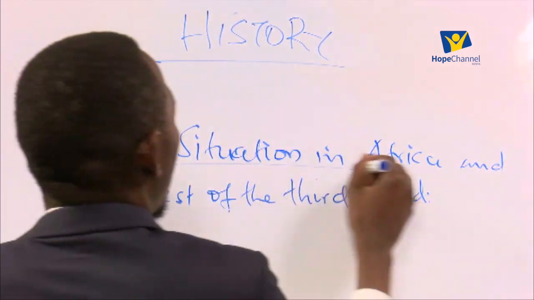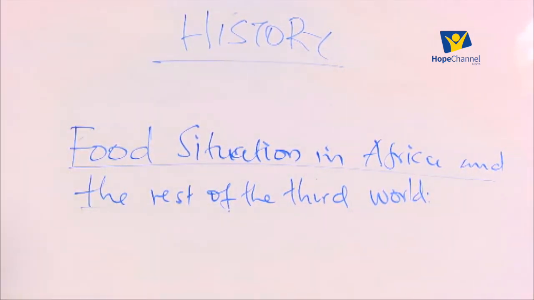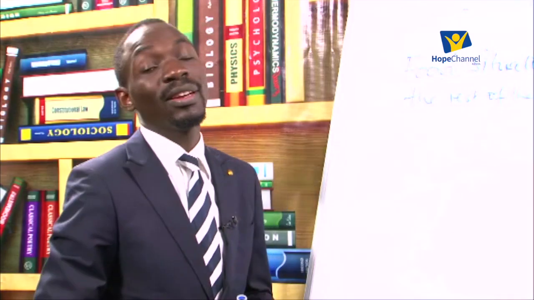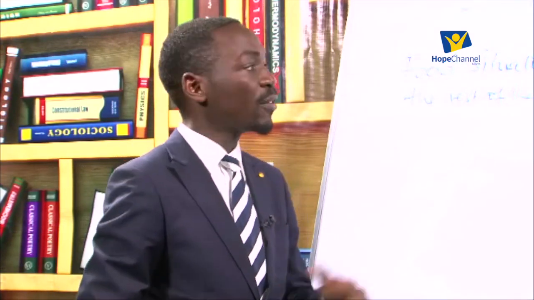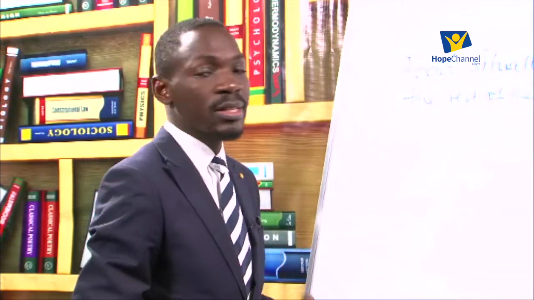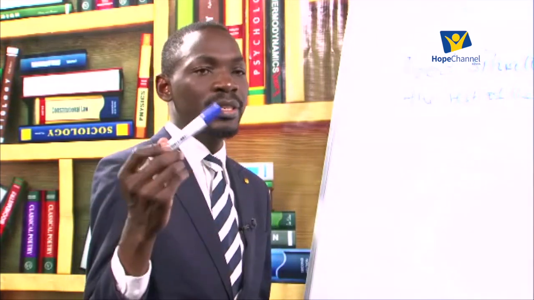Before we go into detail, it's important to understand what we mean when we talk about the third world. Africa is among the continents we refer to as third world. So what is third world? Third world refers to countries which are still developing. They have not reached the mark point.